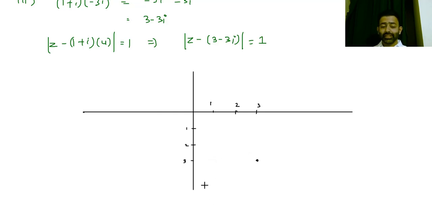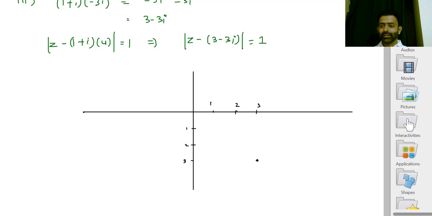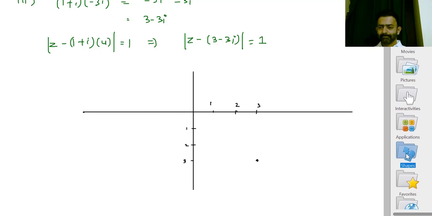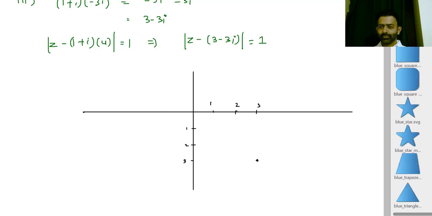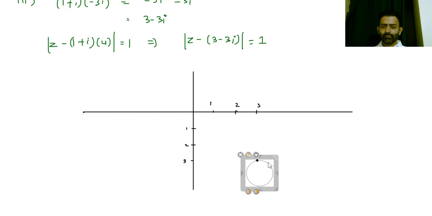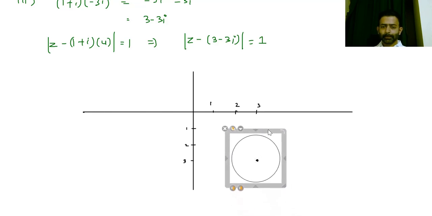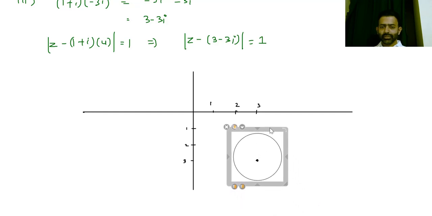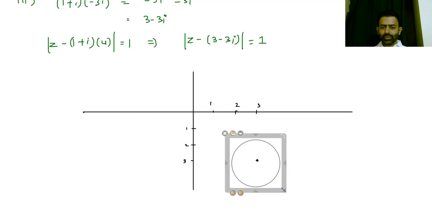Okay, I'm sketching a circle. Let me take a circle. Since I have to take its radius as 1, I should not make it that big.